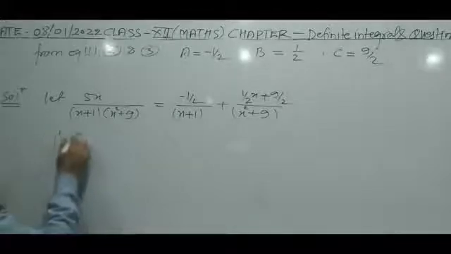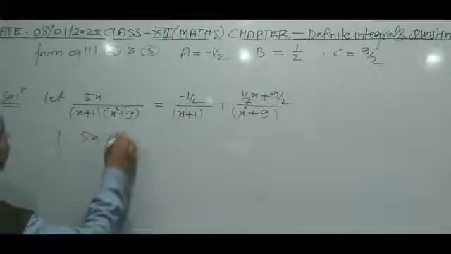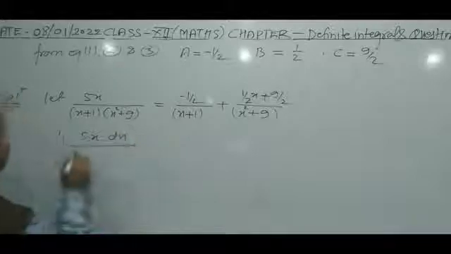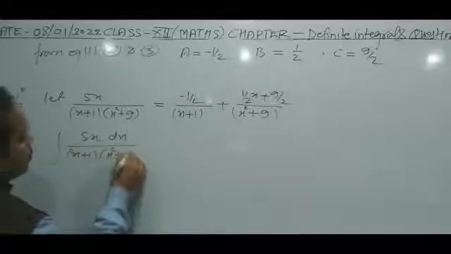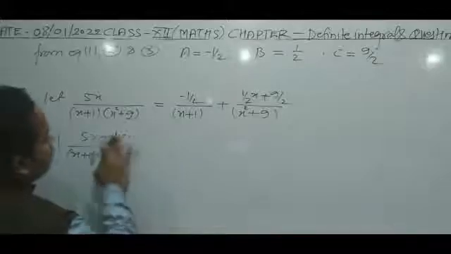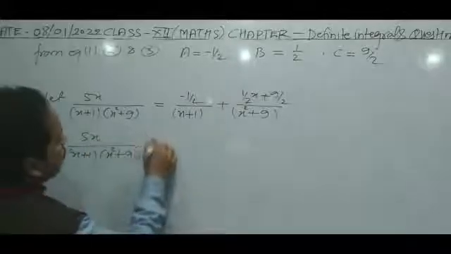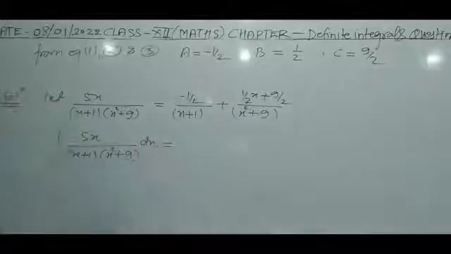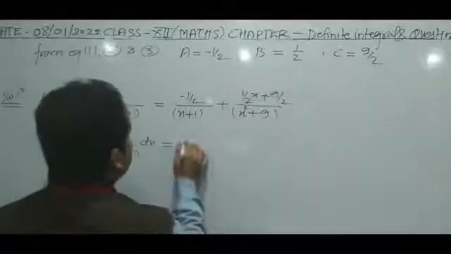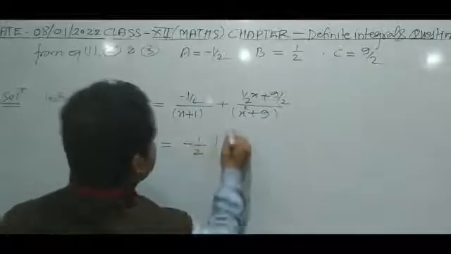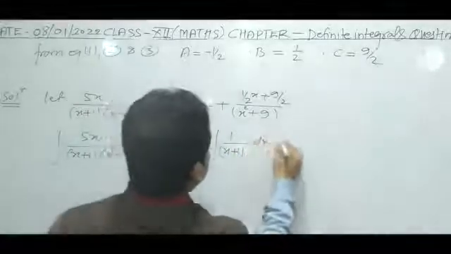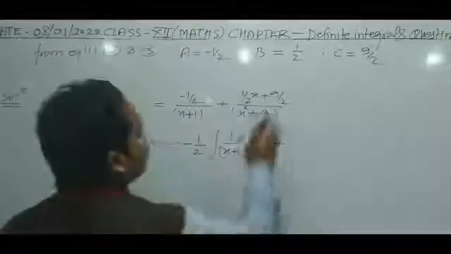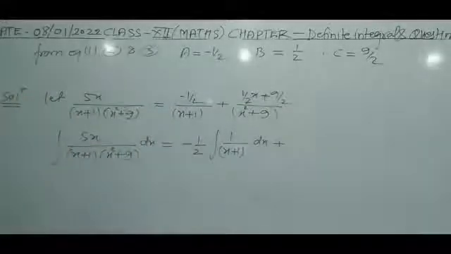So integration of 5x dx whole upon (x plus 1)(x square plus 9) dx is equal to, you can write minus 1 by 2 integration of 1 upon x plus 1 dx plus 1 by 2 is common.